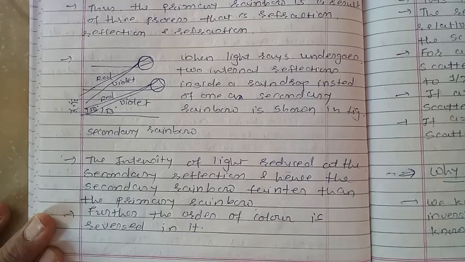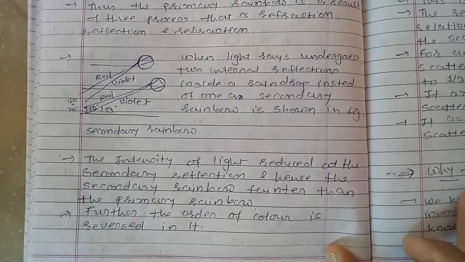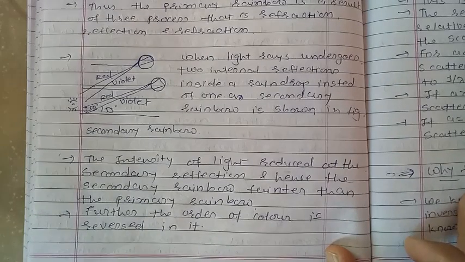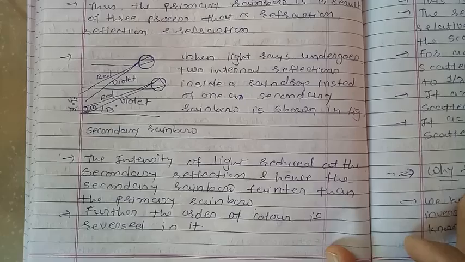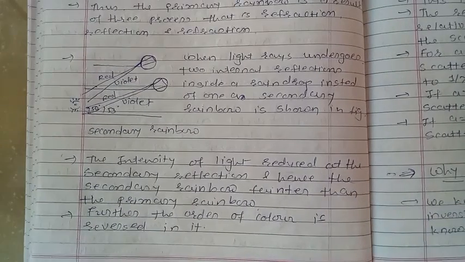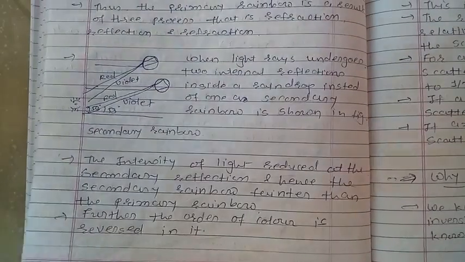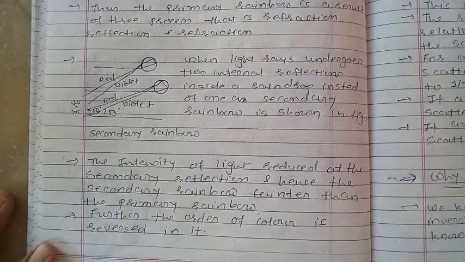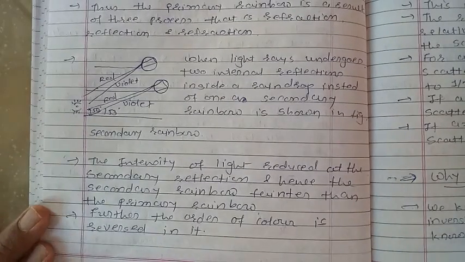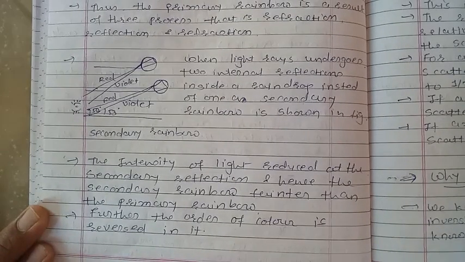And hence the intensity of the secondary rainbow is less than the primary rainbow.